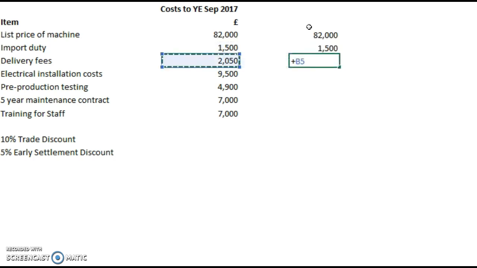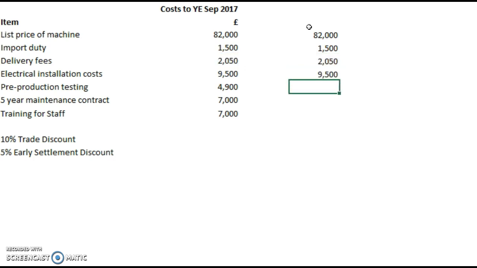Delivery fees, so yes. Electrical installation, well, it's not going to work without installation, so that's fine. Pre-production testing is fine. And that's pretty much it. So we could add that up as we are, and it would come to a figure of 99,950.